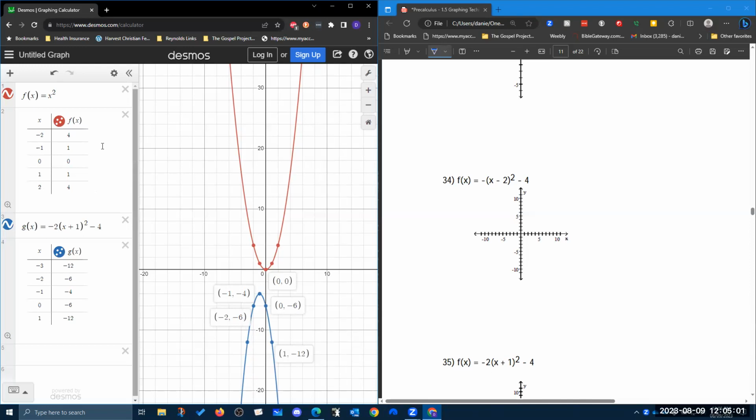And when I go 2 left, I should also go 8 down. And I do. See how that works? So we don't have to actually calculate all of these. We just need to be able to find the vertex and be able to put some of the characteristic points that we know based off of the transformation. We don't really need to make all those calculations, and then we can draw our shape.